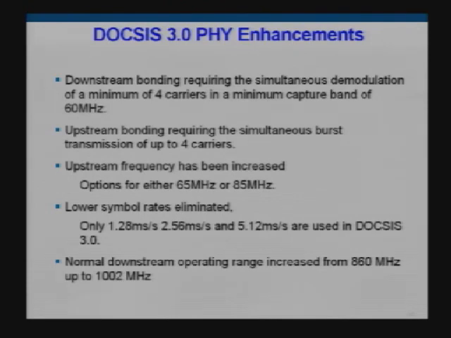And they got rid of some of the smaller symbol rates because the plant today is good enough to handle at least 1.6 megahertz of channel width for upstream. So DOCSIS 3.0 has eliminated anything under 1.6 megahertz. The supported ones are 1.6 megahertz, 3.2 megahertz, and 6.4 megahertz. And also in the downstream direction, from the 85 to 860 megahertz range, it has extended the downstream spectrum range to 1 gigahertz.